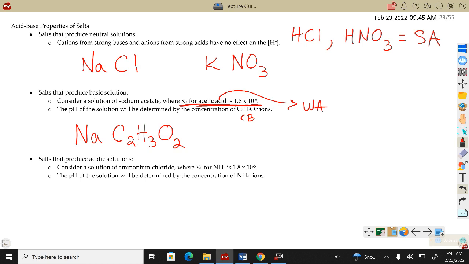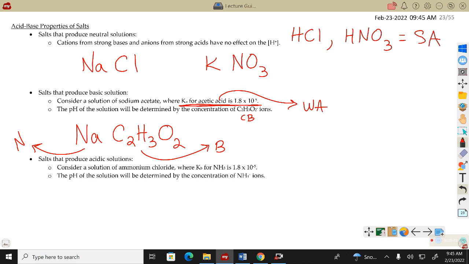So now I've got one ion that's totally neutral, but this acetate ion is a base, and so this solution will be slightly basic. Obviously, it might not be as basic as sodium hydroxide, but I am producing an ion that is mildly basic.